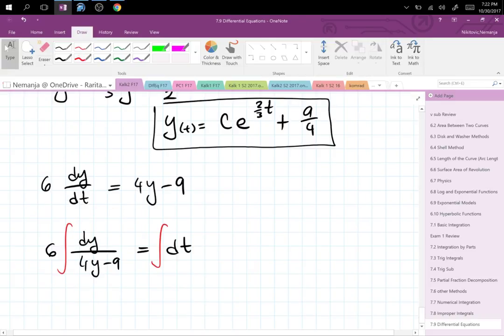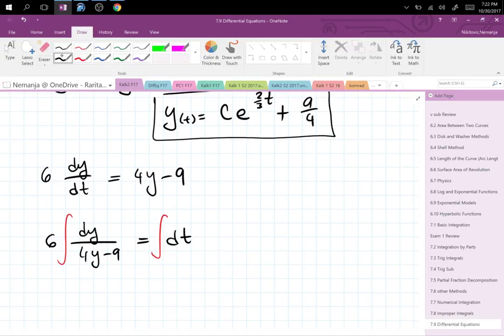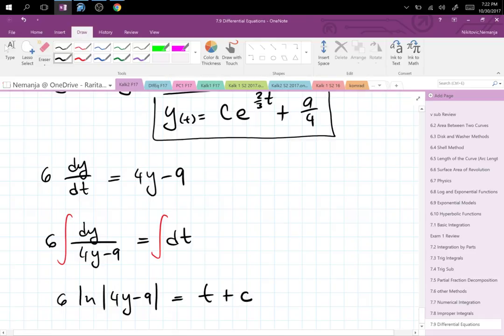Integrate both sides. And what do we get? We get 6 ln of 4y minus 9 is equal to t plus c.